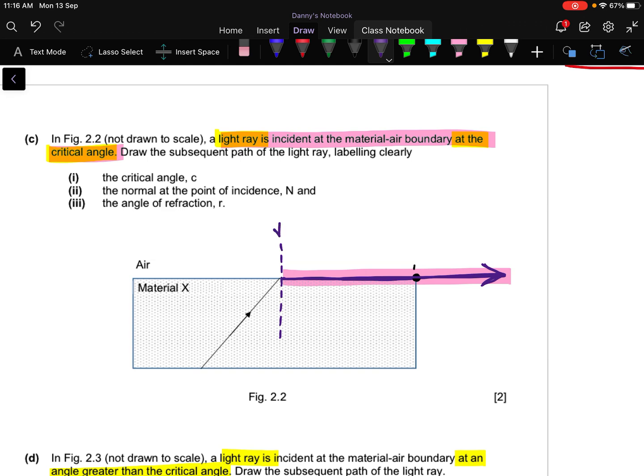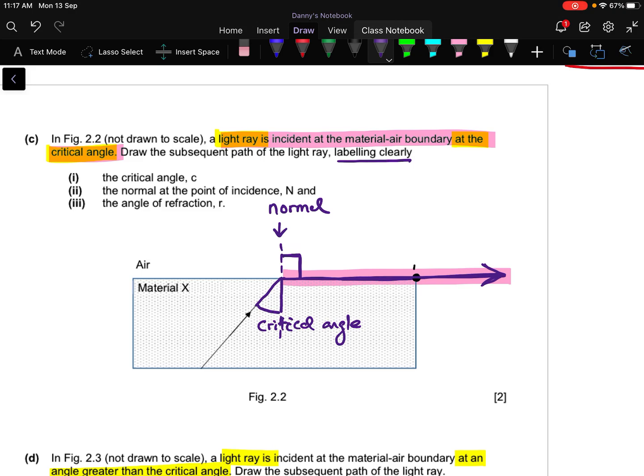Okay, so you need to actually label that this dotted line is normal. You need to spell it out because they ask you to label clearly. You also need to tell me that this angle is actually your critical angle. And of course, your angle of refraction, you have to use a 90-degree symbol because it is 90 degrees.